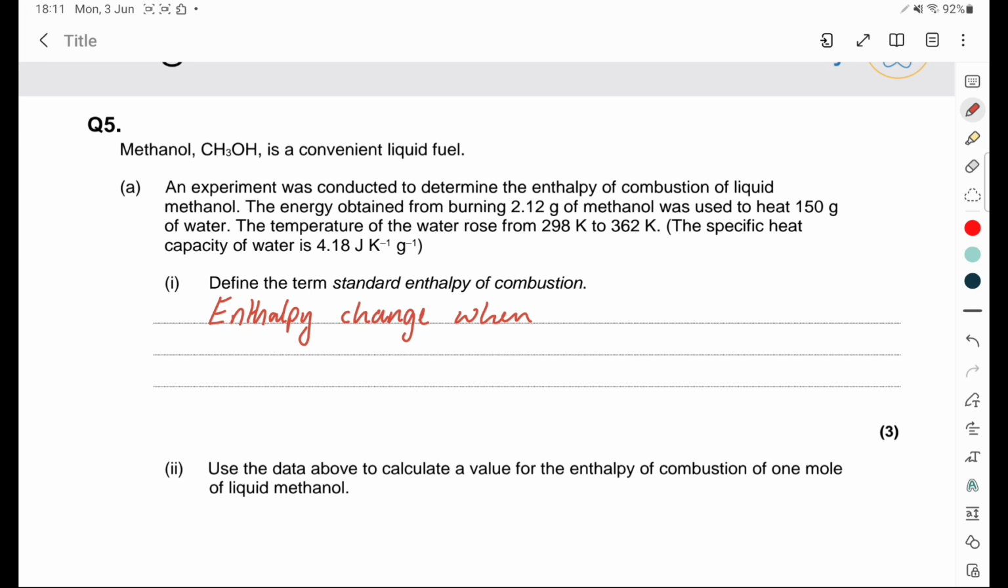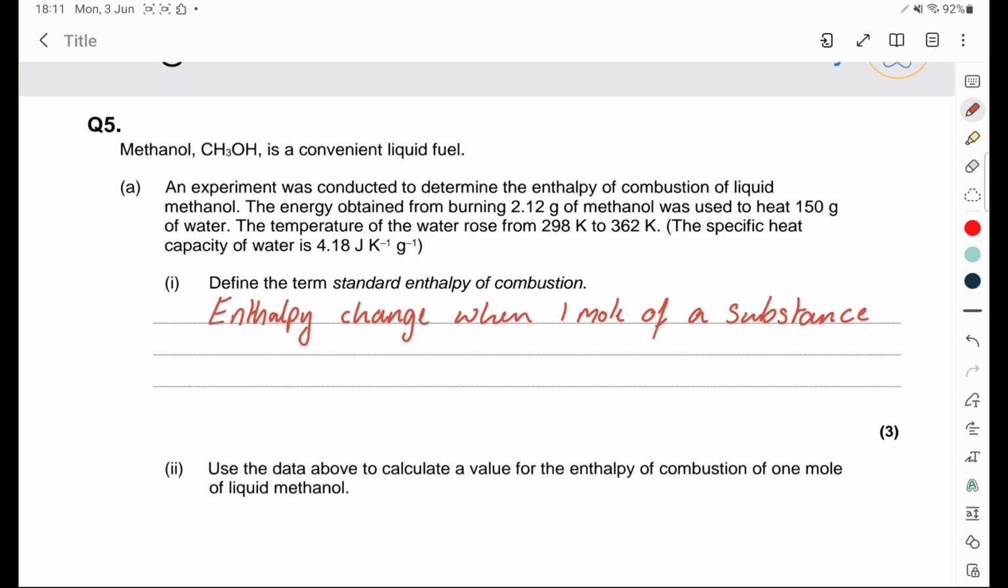Then the next part of a definition is always to talk about the number of moles of a substance being changed or affected. Okay, we of course are always going to be talking about 1 mole. So enthalpy change when 1 mole of a substance. The second part of the definition then is to be looking at what is actually happening. So it's burned in oxygen or reacted with oxygen.